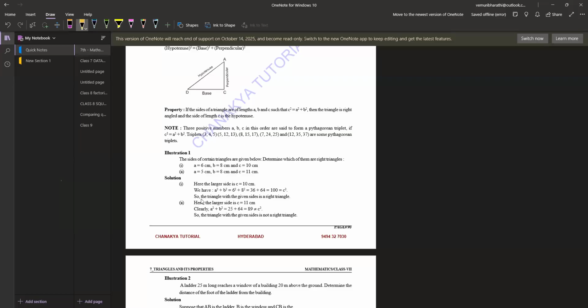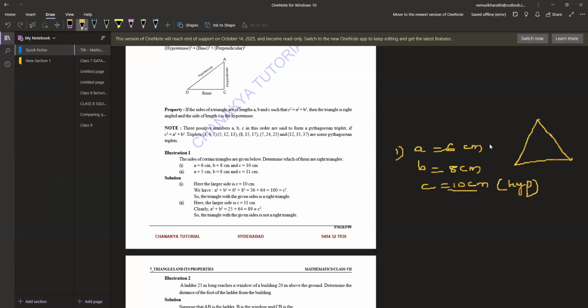Which is the largest side? A equal to 6 centimeters, B equal to 8 centimeters, and C equal to 10 centimeters in a triangle. So take this 10 centimeters as the hypotenuse. You need to check whether it's a right angle triangle. We can easily notice the largest side is the hypotenuse.